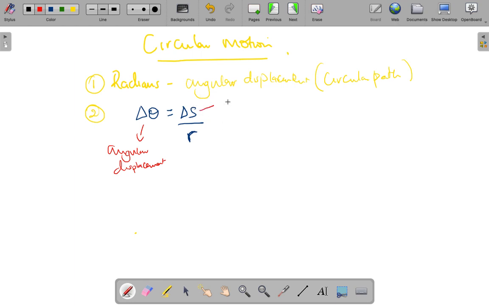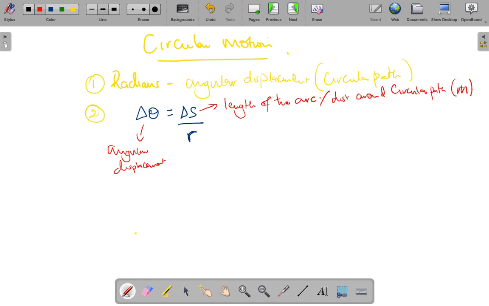This here is always the length of the arc. Sometimes you can say distance traveled around the circle or the circular path. Since it is distance, it is always measured in meters.